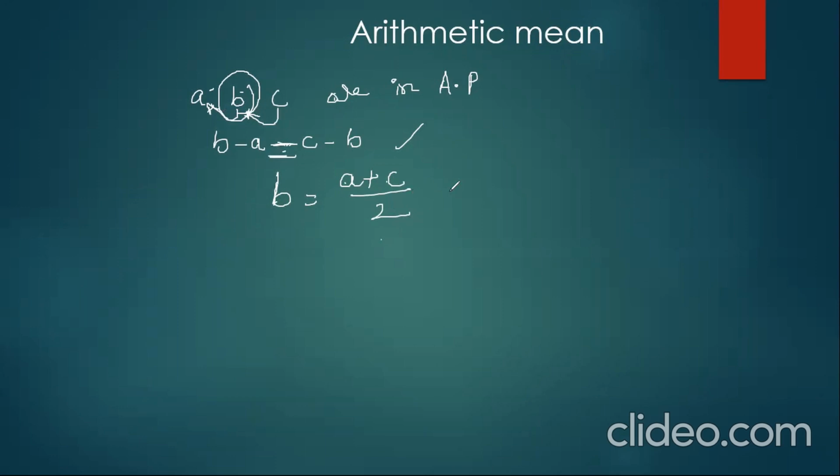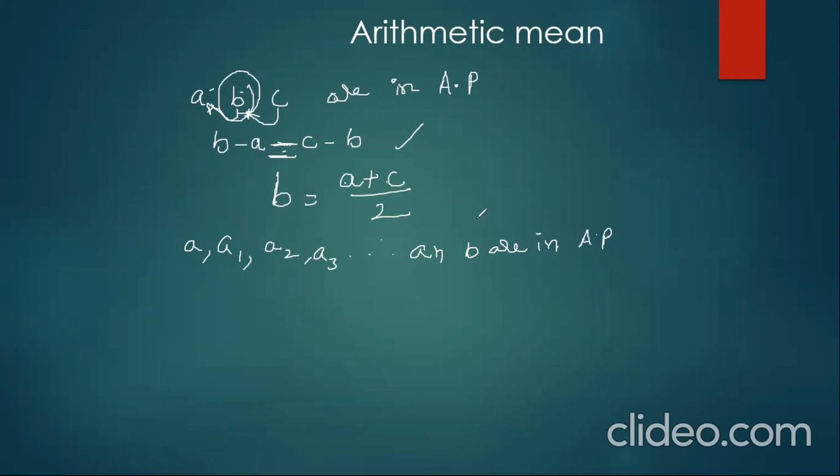Now, in the same way, say A1, A2, A3, so on, An are in AP with A before them and B after, let me take it like that. Then what happens?